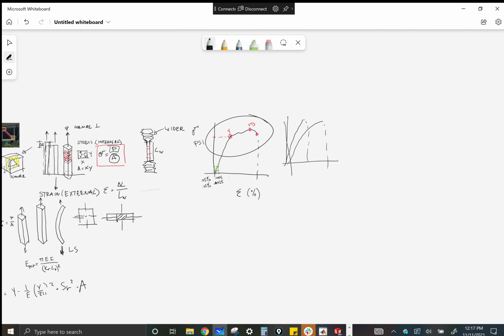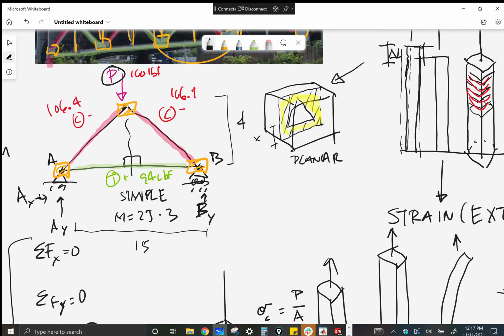Right. The whole point of all this is that now we can take these ratios and now we're talking project. Somebody tell me, and I did this last week, right? We talked about how to get the failing members and the truss failure load.